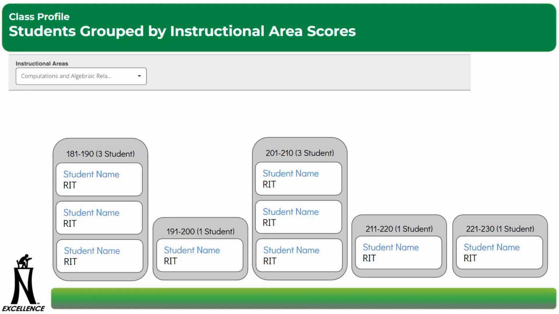Here again, I have 3 students in the 181 to 190 group and 3 students in the 201 to 210 group. So what are the instructional moves that I might need for this group? For me, I have a student in the 211 to 220 group, and a student in the 221 to 230 group. I would empower those students to help out the students who are in the lower RIT bands.